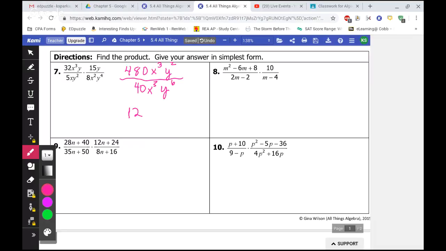So your x's kind of cancel each other out. And then you've got y squared over y to the 6 using your exponent rules. 2 minus 6 is a -4. So if the exponent is negative, it goes in the denominator. So that's going to be y to the fourth. So your final answer is 12 over y to the fourth.